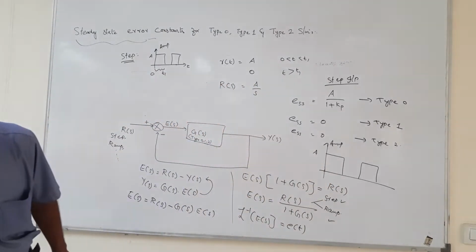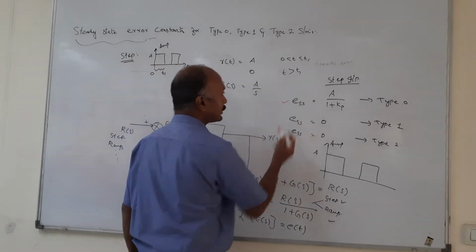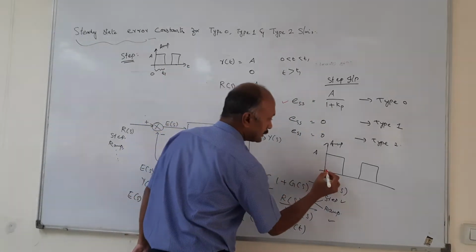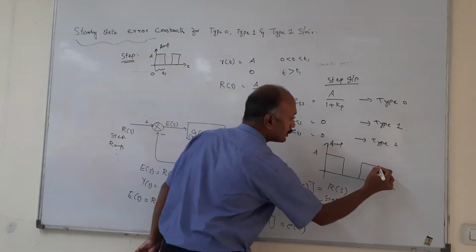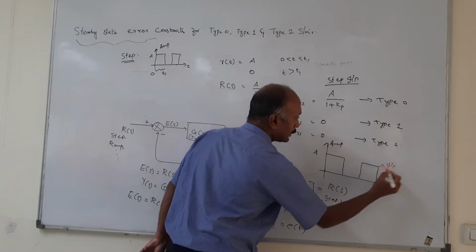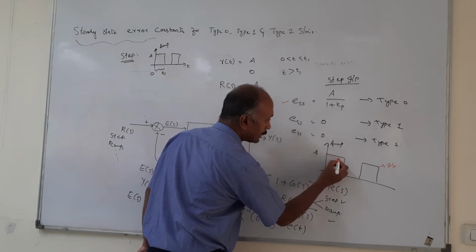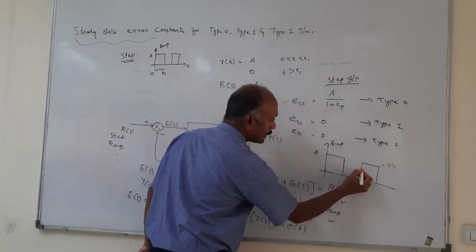When you are using a type 0 system, you will have some kind of an error. It means that the response, so this is actually your input, the output response will always have some kind of an error like this in the magnitude part.